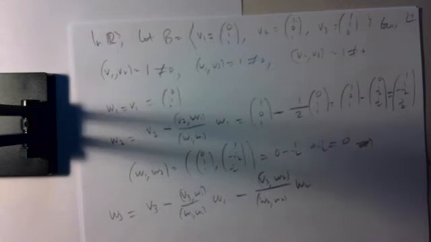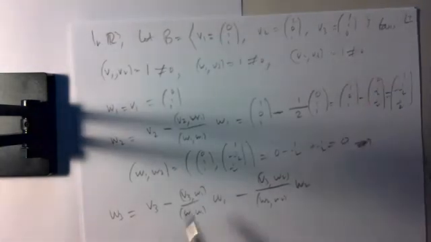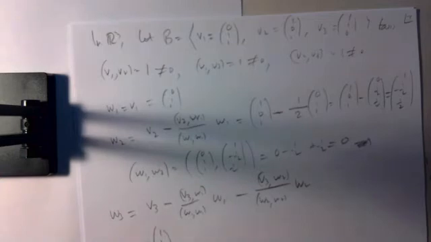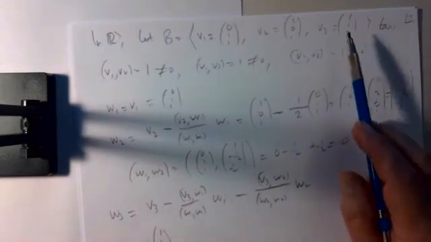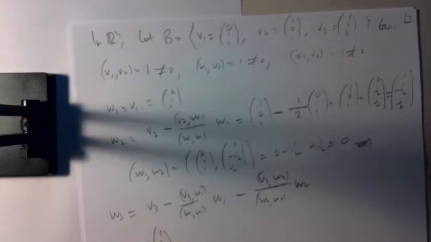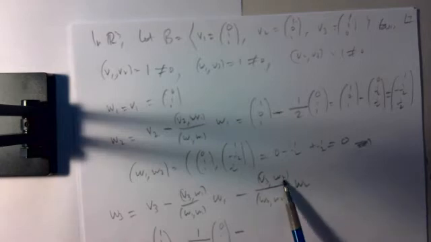So this is all now just simple vector arithmetic. v_3 is the vector (1, 1, 0). The inner product of v_3 and w_1 is 1, over the length of w_1 squared. The inner product of v_1 with itself is 2, times the vector w_1, minus the inner product of v_3 and w_2.